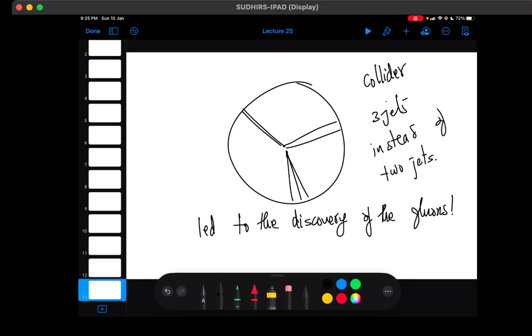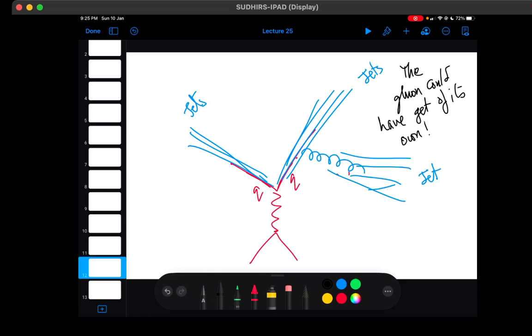The self interactions of the particles, say for example gluons, the gluons could themselves radiate other gluons, and this would also play a role in creating this jet, not just the interactions with the quarks, but the self interactions of the gluons themselves.